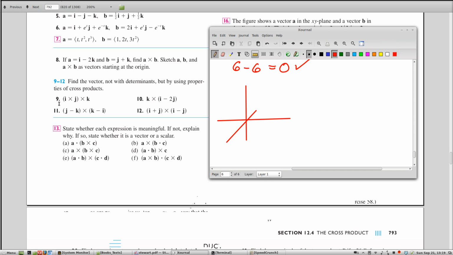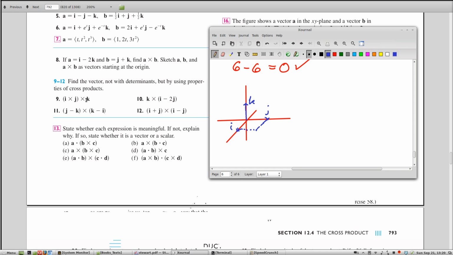So here's i cross j. What is that going to be? So here is your i, and here is your j. And if you do i cross j, then using the right-hand rule, you can see that it's going to go up like this, and its magnitude is going to be this area, but that's a 1 by 1 square, so it goes up magnitude 1, and so it's just k.